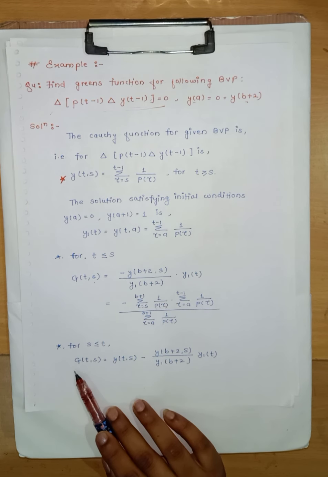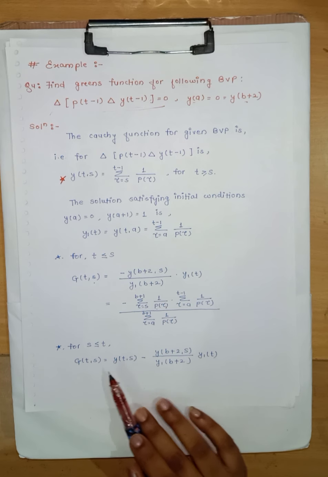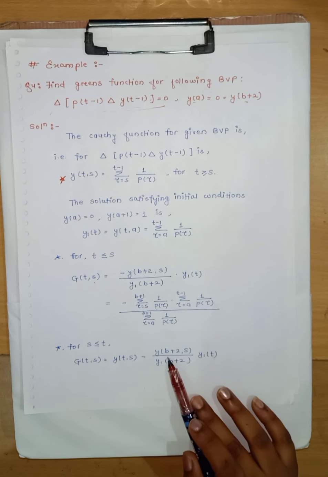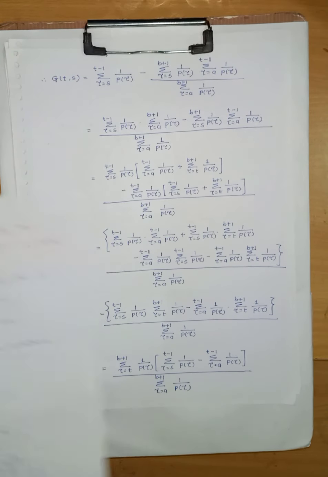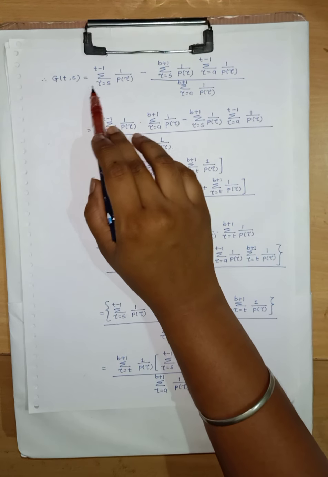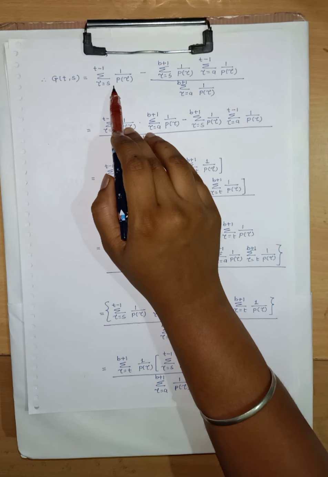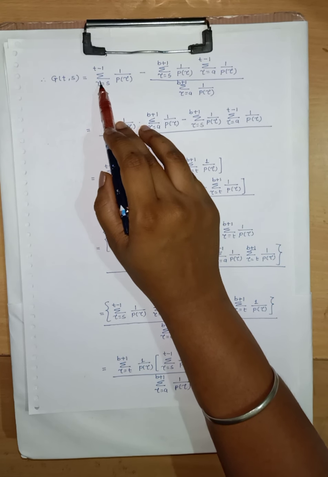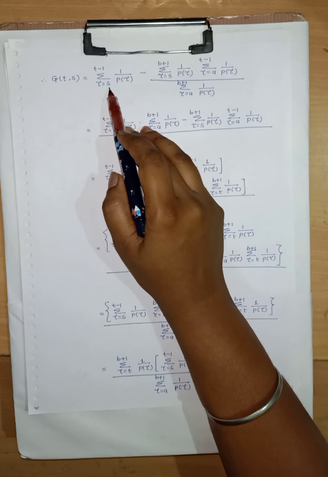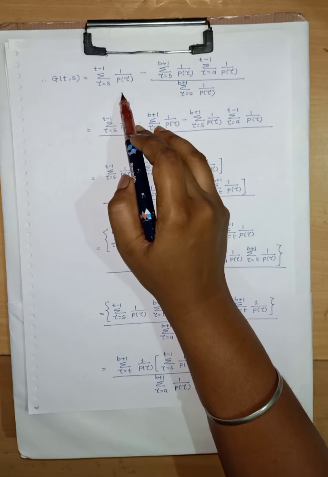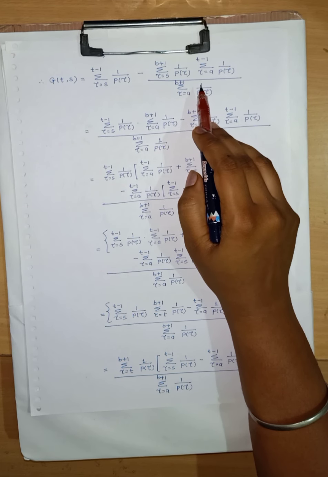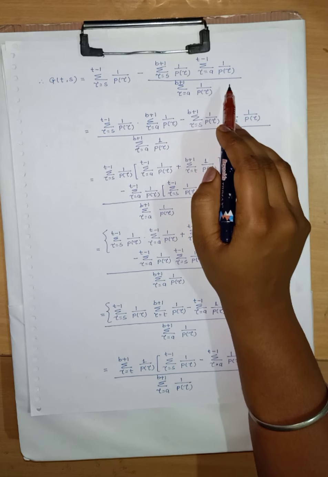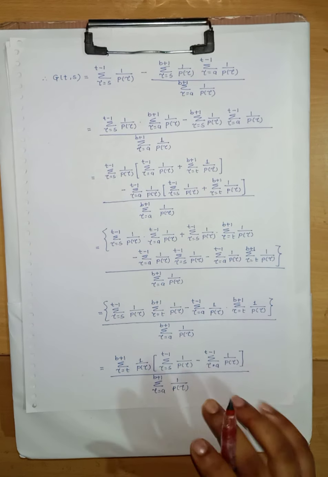So we have Green's function as g(t,s) equals y(t,s) minus y(b+2,s) upon y1(b+2) into y1(t). So next, g(t,s) equals the value of y(t,s), that is the summation over τ equals s to t−1 of 1/p(τ), minus this value of y(b+2,s) upon y1(b+2) and y1(t).